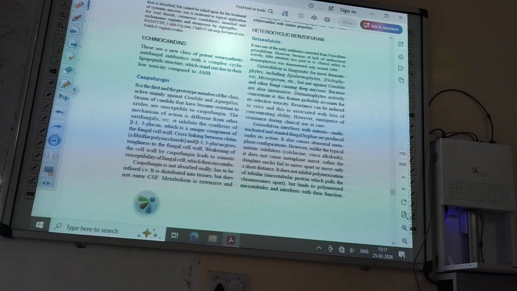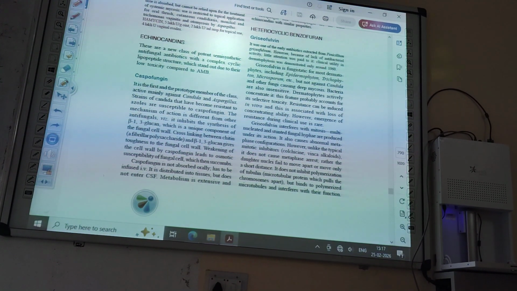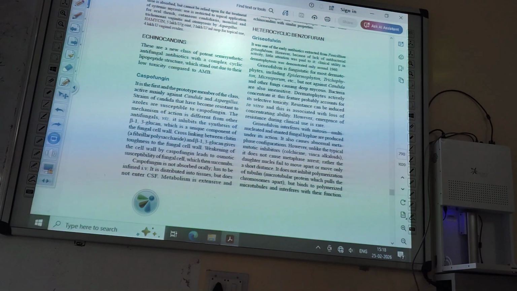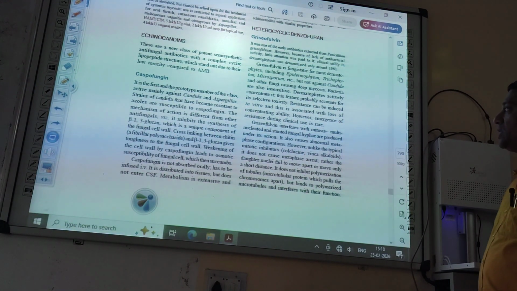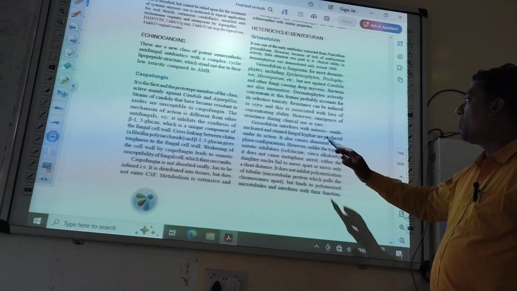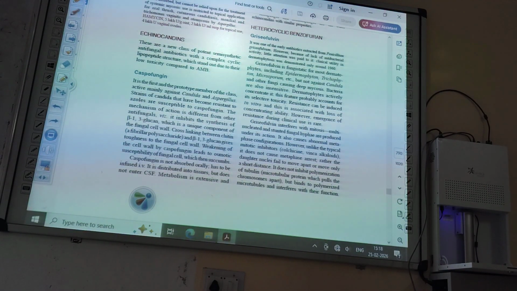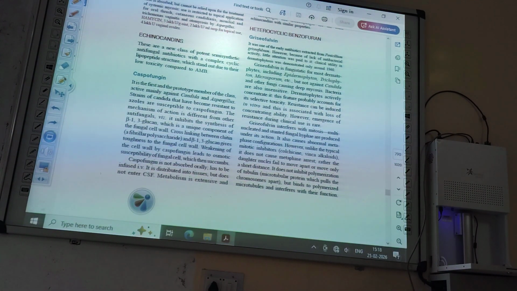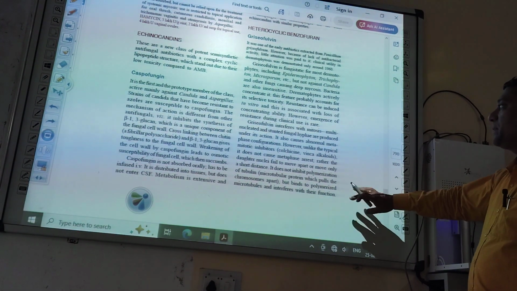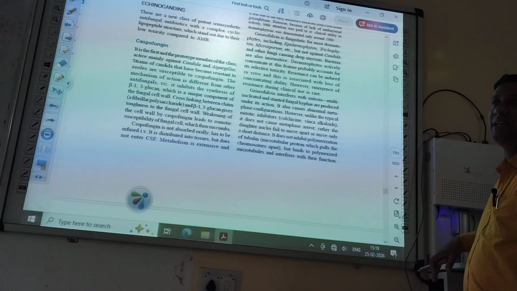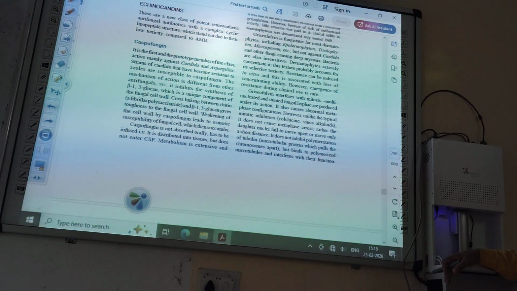Mitosis means somatic cell division. Multinucleated and stunted fungal hyphae are produced under its action. It also causes abnormal metaphase configurations; metaphase arrest is there.